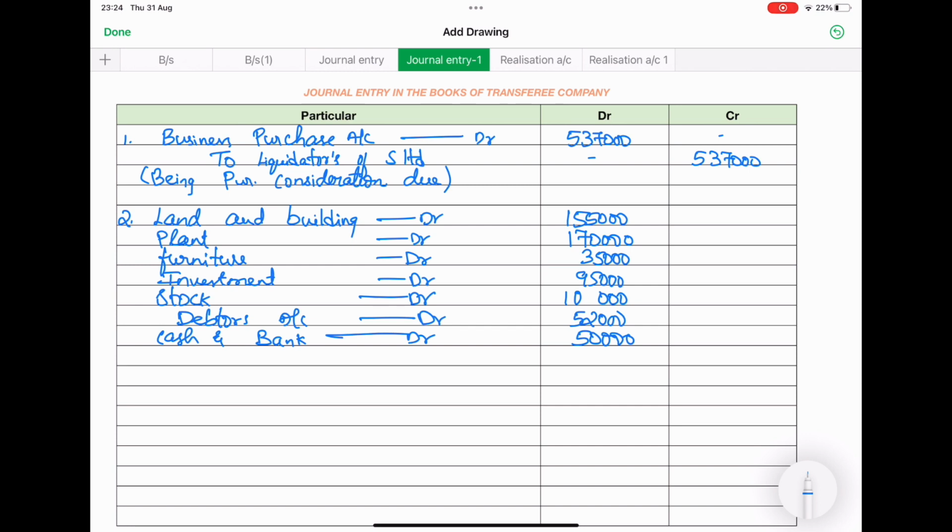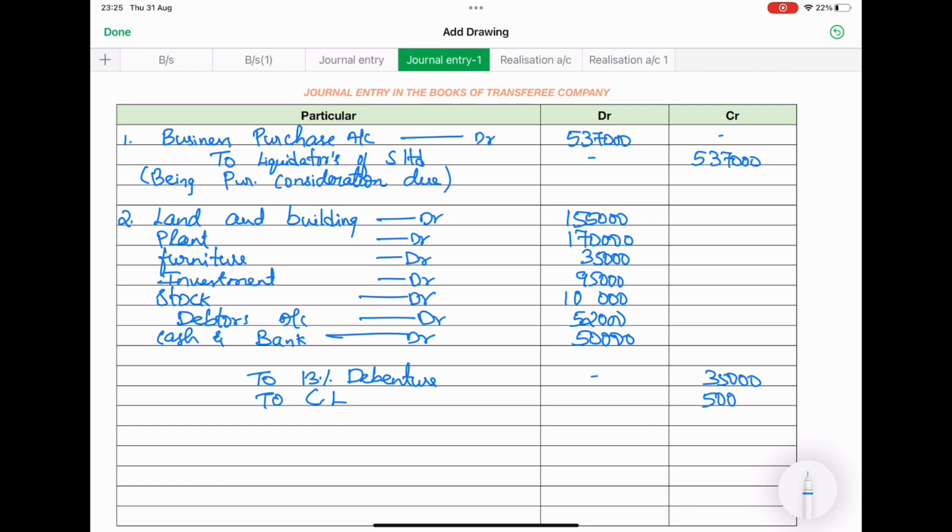Liabilities, we are going to start from 13% debentures account. So debentures account 35,000. On the credit side you have to write 35,000. Current liabilities account 50,000.